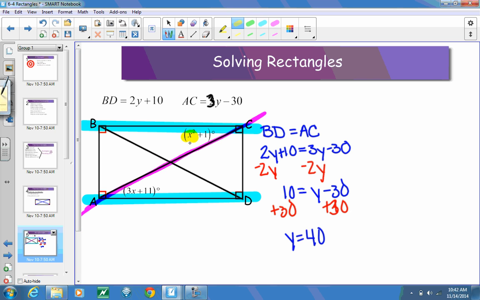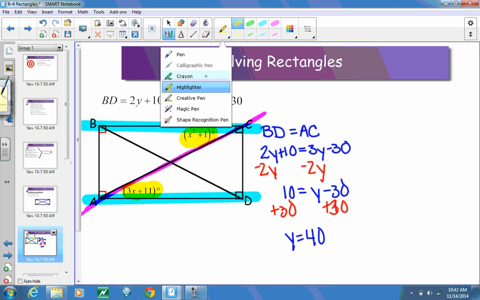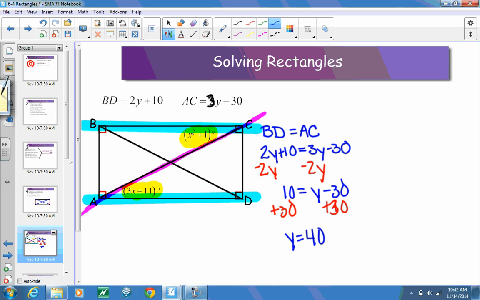And so now you have these 2 angles, x squared plus 1 and 3x plus 11. These 2 angles, going back to what we did, I think in chapter 4 it was, they are alternate interior angles. And if we remember about alternate interior angles, they're always going to be congruent. So we can go ahead and say that x squared plus 1 is going to equal 3x plus 11.